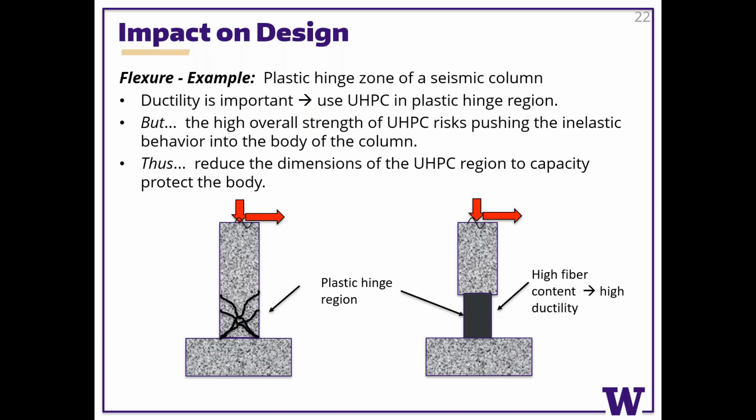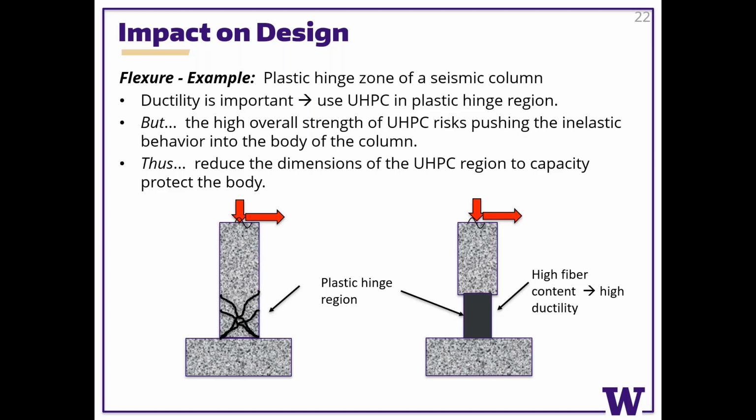Well, normally in a plastic hinge, you get cracking of this sort if you do not use UHPC. So the obvious thing to do, perhaps, is to replace this region with UHPC. But if you do that, the UHPC may then be so much stronger than the rest of the column up here, which is conventional concrete, that actually it would drive the failure up into this part of the column, which is exactly what you do not want.